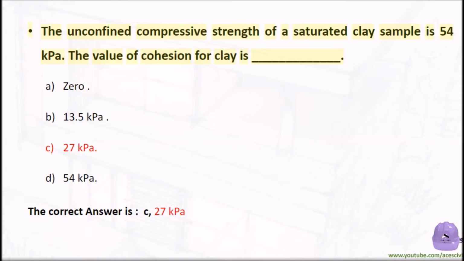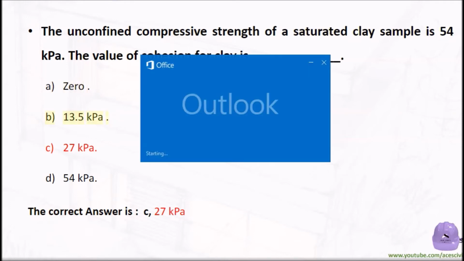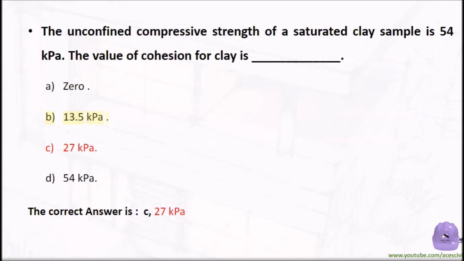The value of cohesion for clay is: A. 0, B. 13.5 kPa, C. 27 kPa, D. 54 kPa. The correct answer is C. 27 kPa.